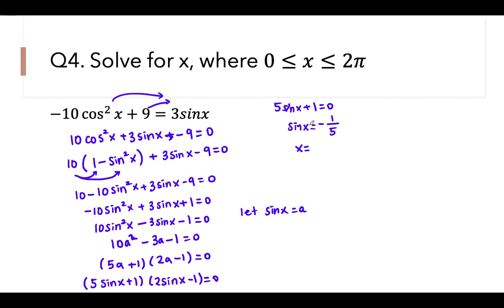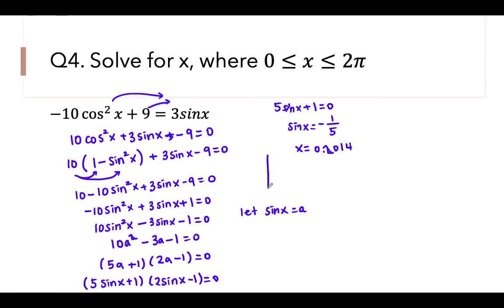So if I do the inverse of sine, x is equal to inverse sine of negative 1 over 5. Punch that in your calculator and you will get 0.2014. Now sometimes you may not get the radian. If you get a decimal, that's totally fine. Then we will work with that.